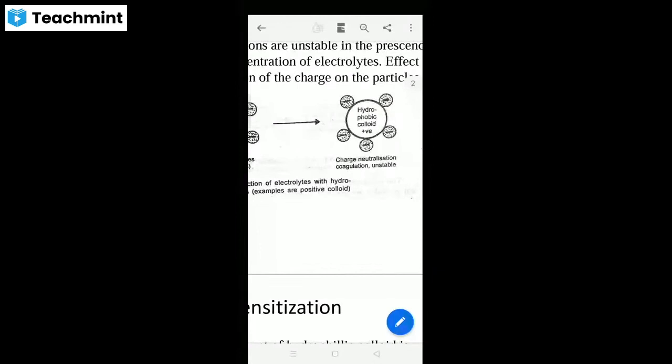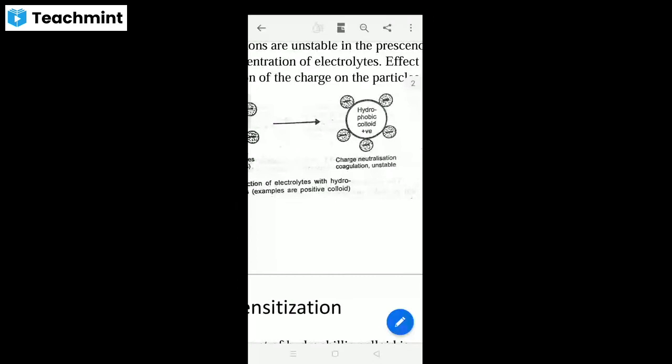If the positive charge would not be there, then repulsion will not occur. After the addition of ions in lyophobic dispersion, negative ions get attached with the positive ions of the particle. They combine and create a neutral moiety, which will reside on the surface of the lyophobic particle.